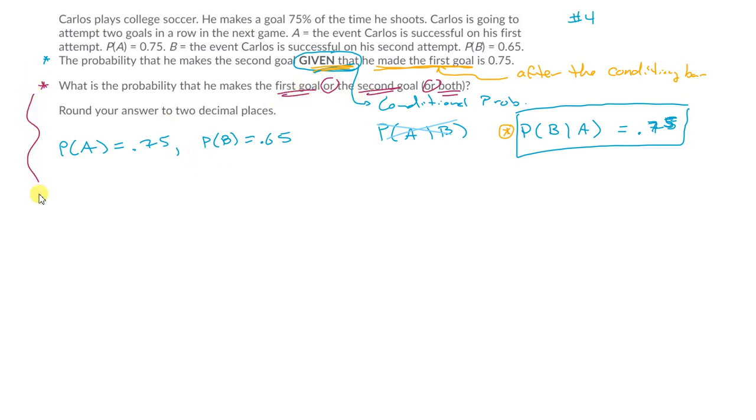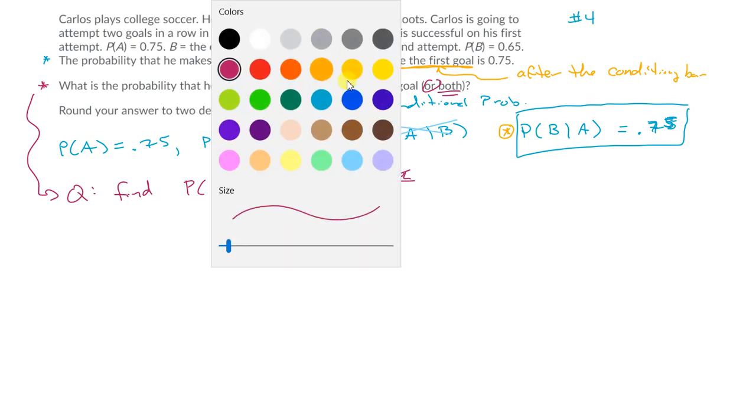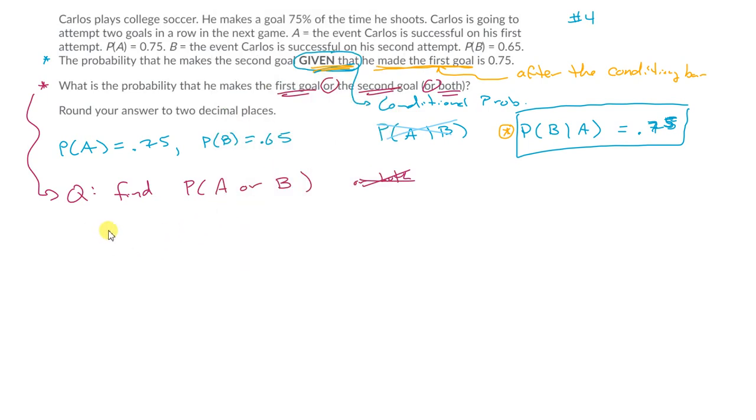So the question is, find the probability of A or B. Or both comes along with that. You don't even have to think about it because it's part of A or B. Next issue is, what equation do I know about an or? The or is the addition rule.